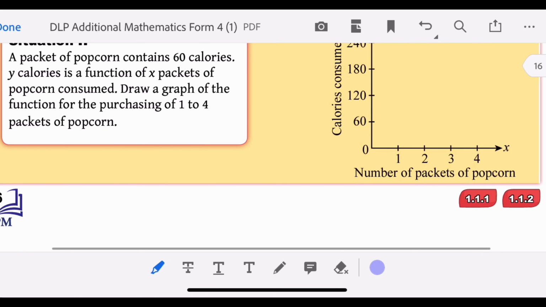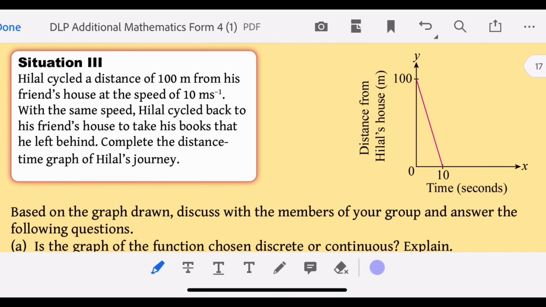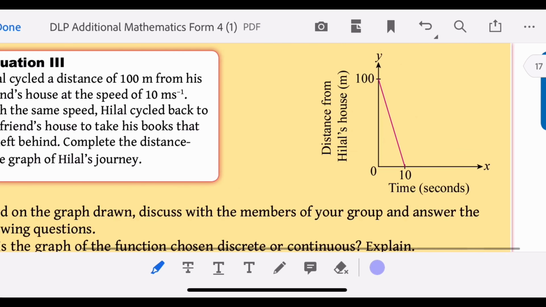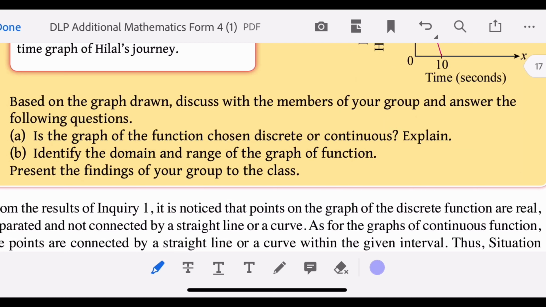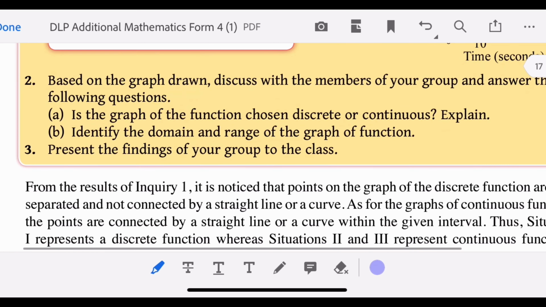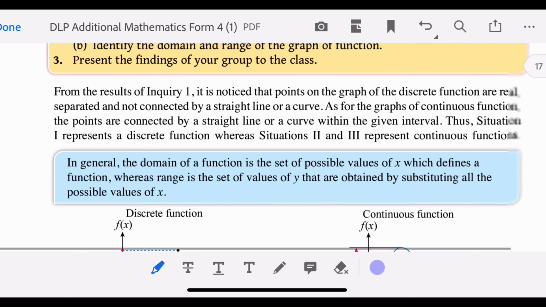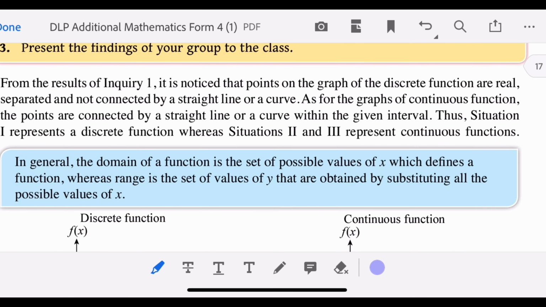Draw the graph for the function for the purchasing price. Situation 3, Hilal cycles a distance of 100 meters from a friend's house at a speed of 10 meters per second. With the same speed, Hilal cycles to school. You can draw the speed-time graph for Hilal's journey. All these are actually inquiries, and it is very interesting.